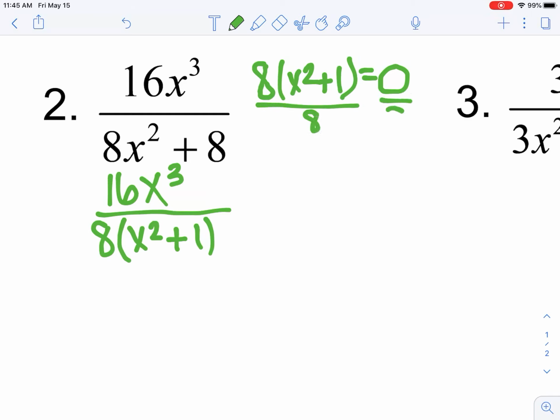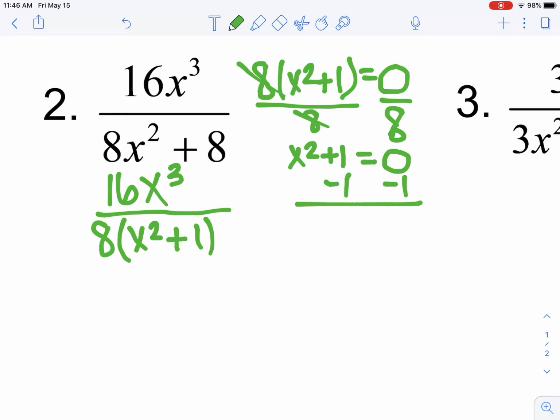So to start, I'm going to divide both sides by 8. So those 8's cancel out. We get x squared plus 1 equals 0. So really, we're only going to end up working with the parts of the denominator that have a variable in them. So now we can subtract 1. We get x squared equals -1.